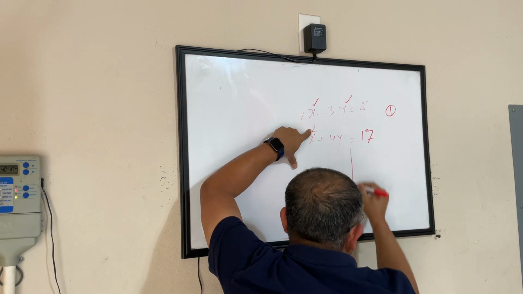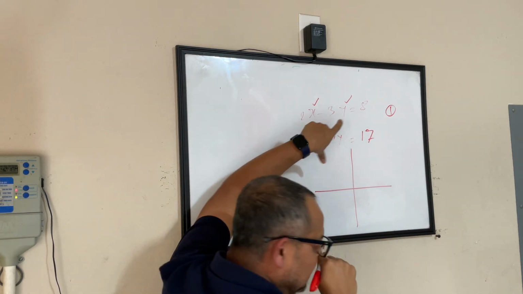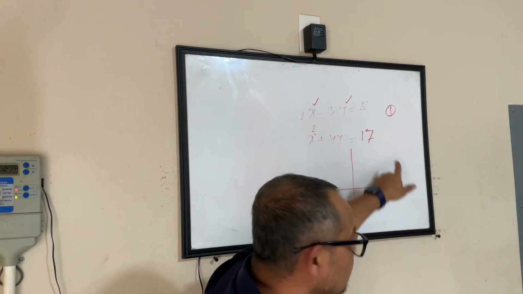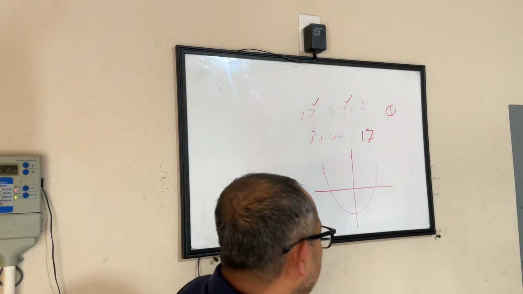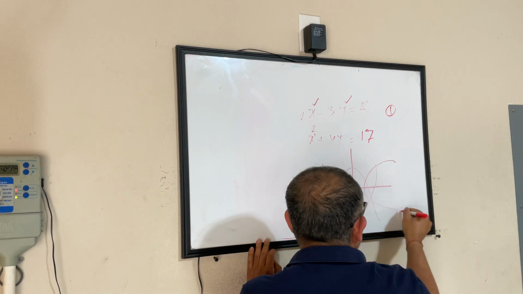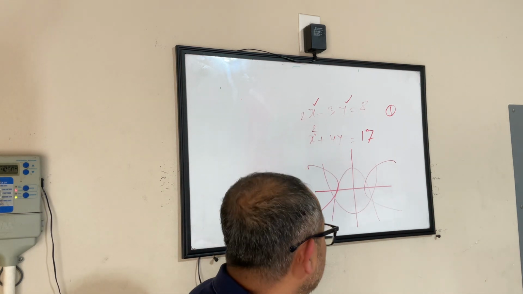And if you guys remember, if you are ever talking about a quadratic equation, it draws a parabola like this or like this or like this, depending on whatever equation we are dealing with.